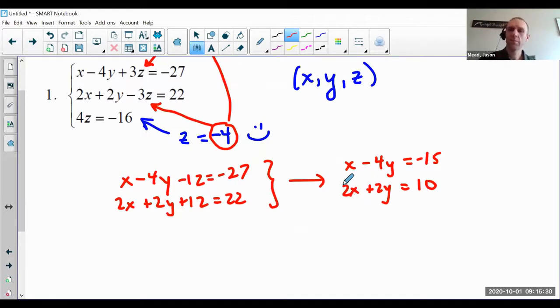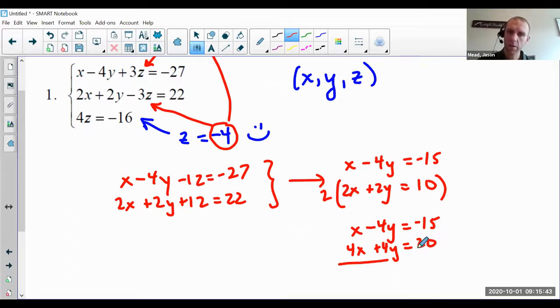Now I can just pick one to multiply by 2, because I can either get rid of the x's or get rid of the y's. So x minus 4y equals -15, 4x plus 4y equals 20, 5x equals 5, x equals 1.